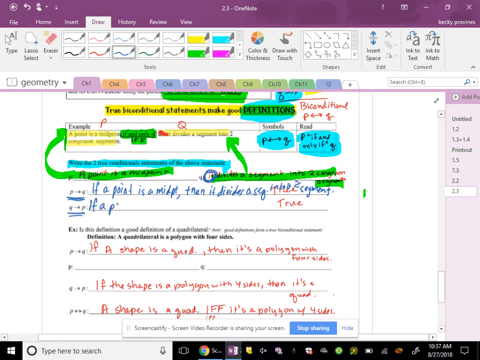So if a point divides a segment into two congruent segments, then it's a midpoint. Okay, now they're both true. We know they're true, and it's a biconditional, because it's a definition.